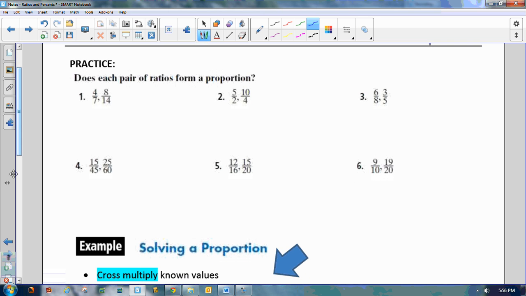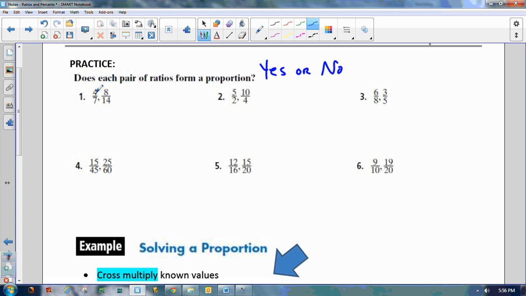Here they want to know, does each pair of ratios form a proportion? So basically we're going to say yes or no when we're answering. But in order to do that, we have to choose, are we going to use cross products or equivalent fractions, multiplying or dividing? When it is something larger like this, sometimes using the equivalent fractions could be easier.